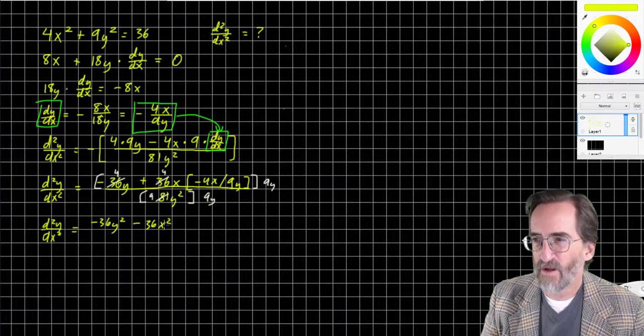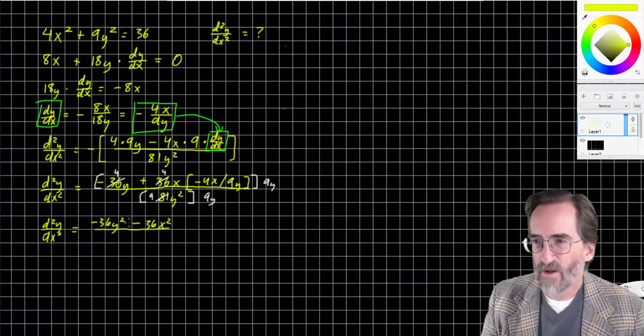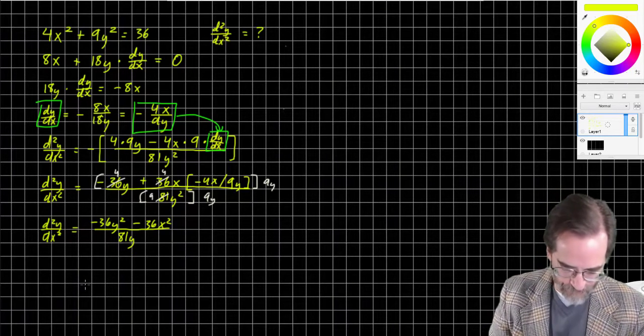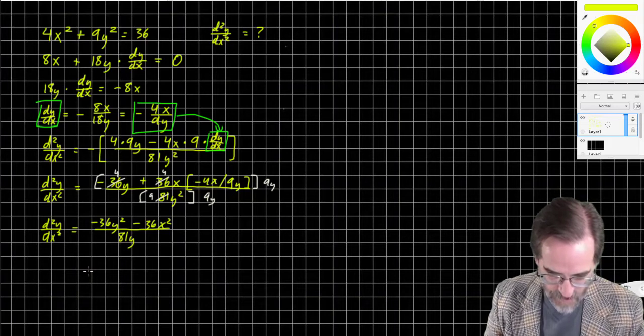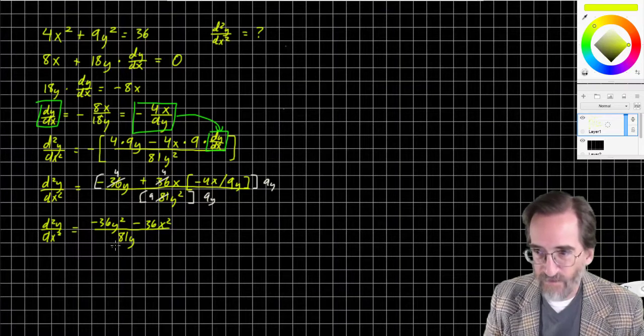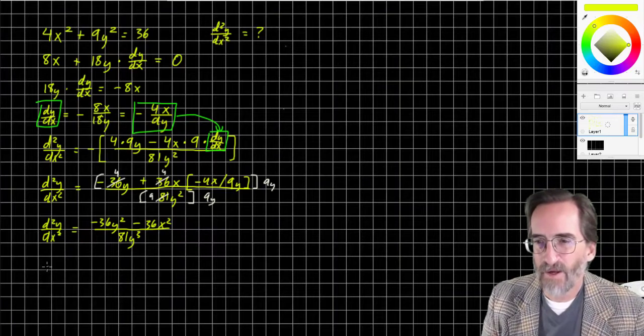Over 9y times 9, 81y. And let me make sure that we've got that right here. It's really easy to make a mistake, so you've got to be really careful. And then y squared times y is y cubed. There we go.